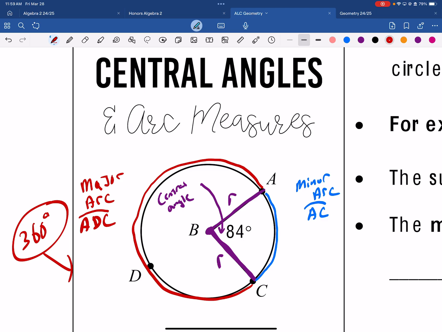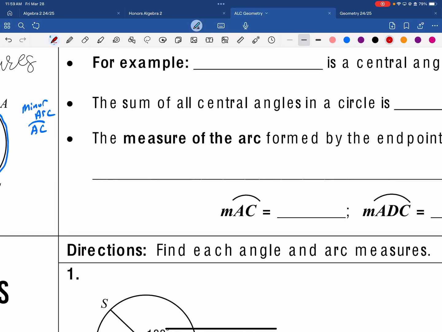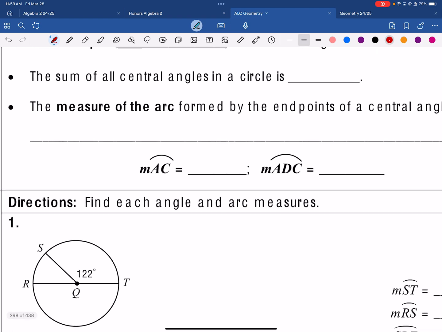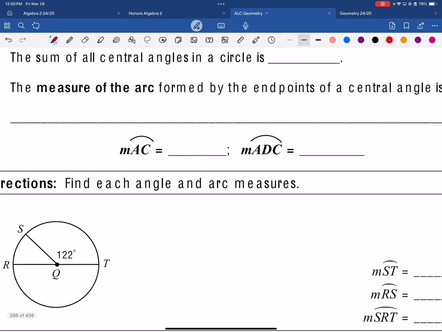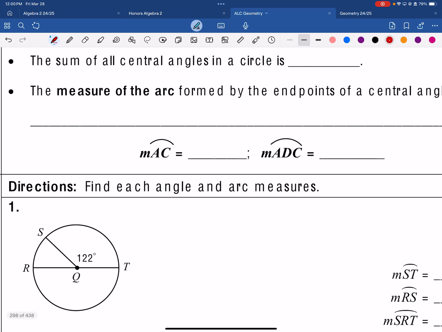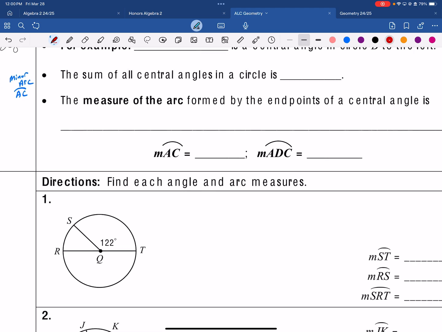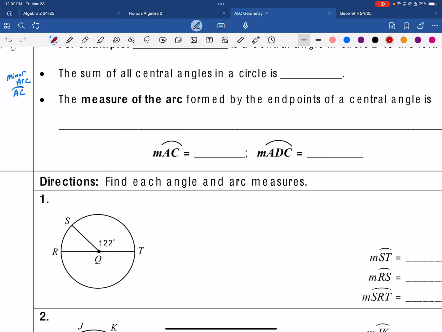Now, the uniqueness about the central angle is that the measure of the central angle is exactly the same as the measure of the arc that it creates. So that's going to be our first little definition here. The measure of the arc formed by the endpoints of a central angle is the same, or congruent.